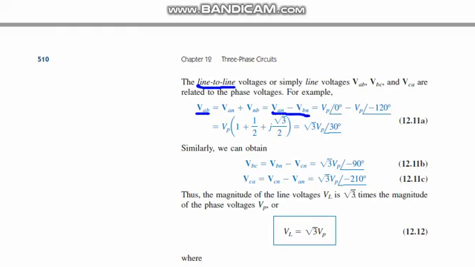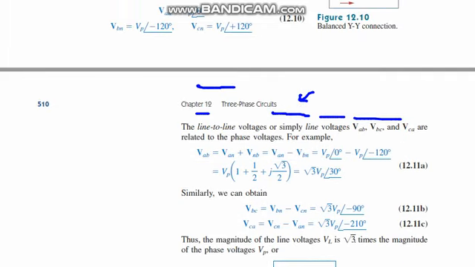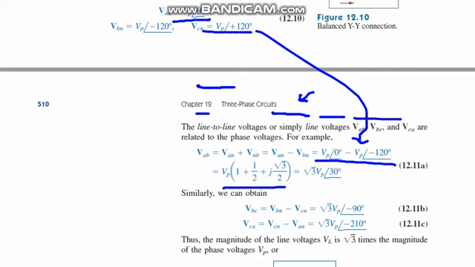That will be VP at 0 degrees minus VP at minus 120 degrees, which you have taken previously here. Just put these values in there. After that, make it complex and you can get the result. Next time I will show you how we can calculate these things.